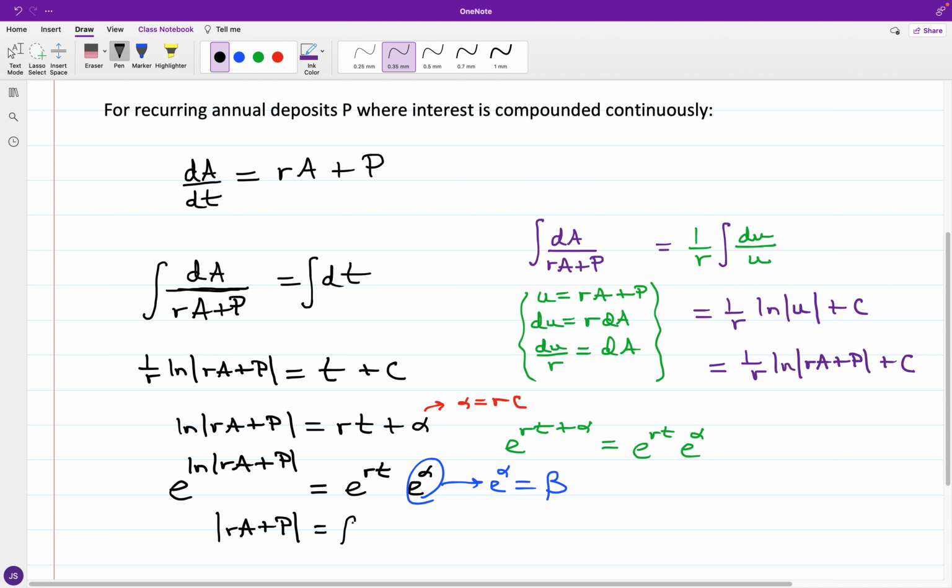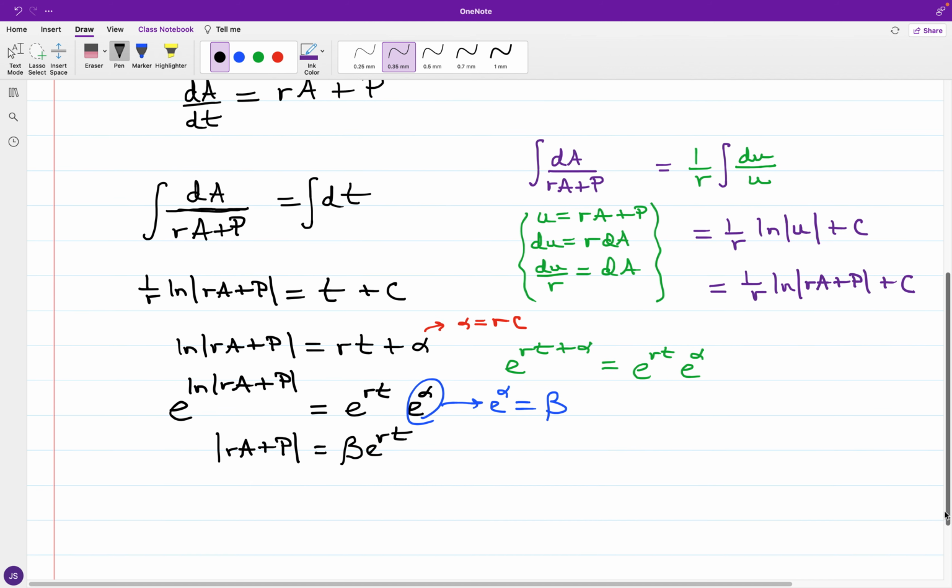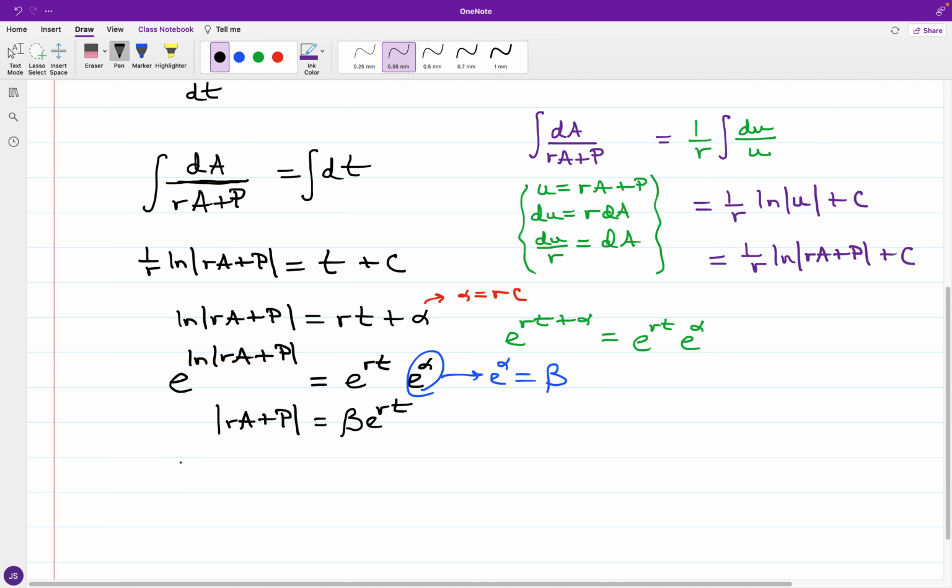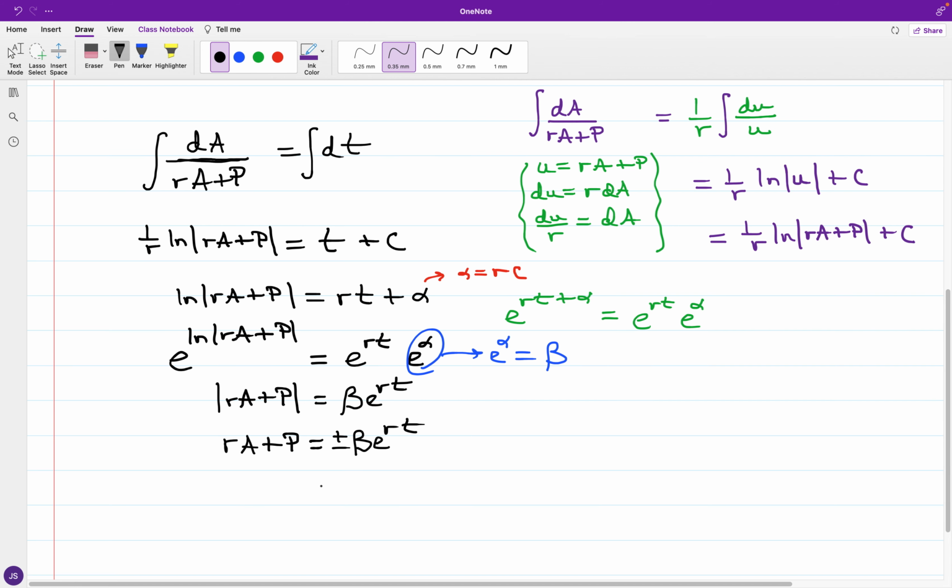So here we say the absolute value of Ra plus P is equal to beta times e to the rt, and taking care of removing the absolute value bars, we have Ra plus P. Once you do enough practice, you don't have to worry so much about stressing the signs, because we'll be working directly with constants.